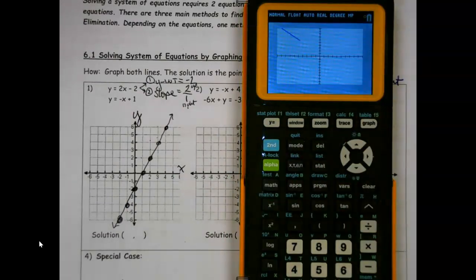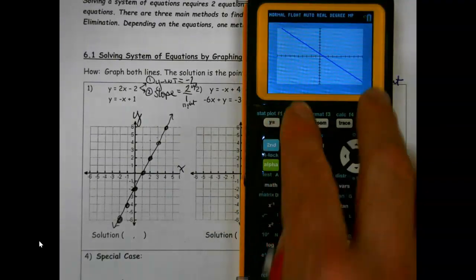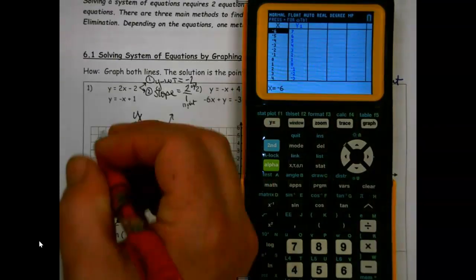And I'm going to graph it. So you're like, well, that's great, but how do I know where all the points are going to be? It's true. So if we need to check the points, we do second graph for points.